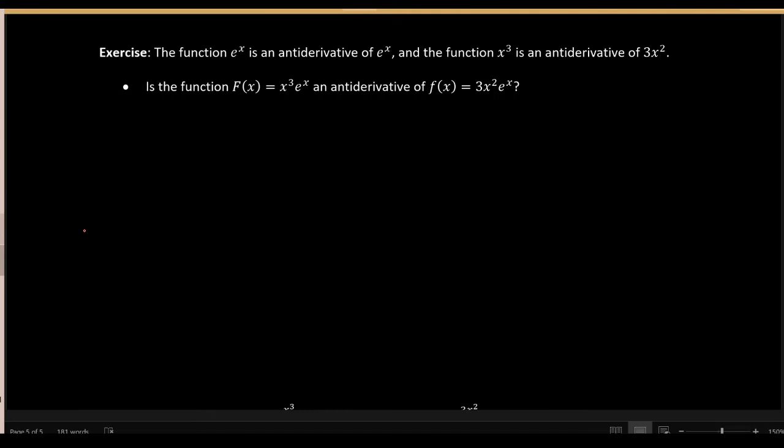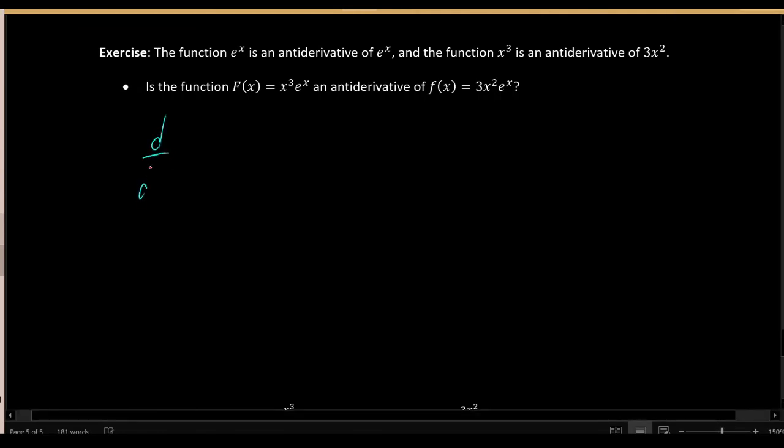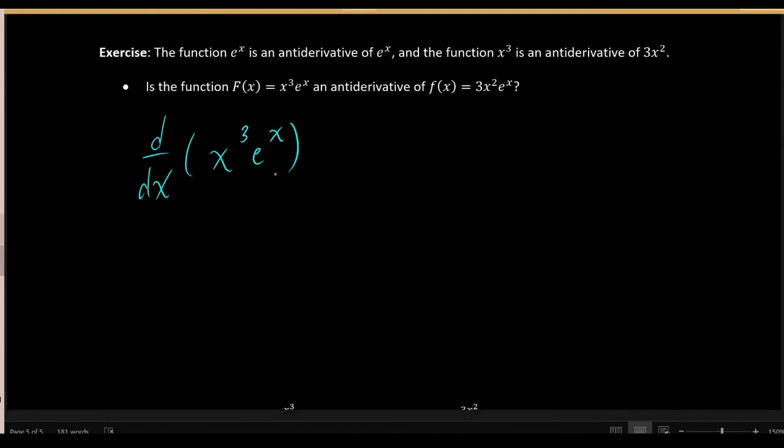So if I took that x cubed and that e to the x and multiplied them together, would that be an antiderivative of 3x squared times e to the x? The easiest way to answer that question is to take the derivative of the function capital F and see if the result actually is equal to lowercase f.